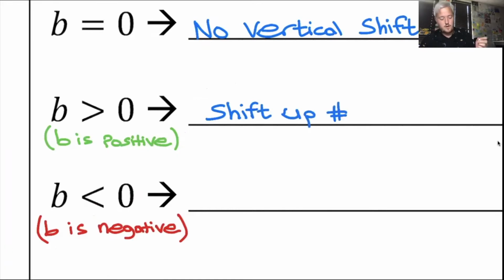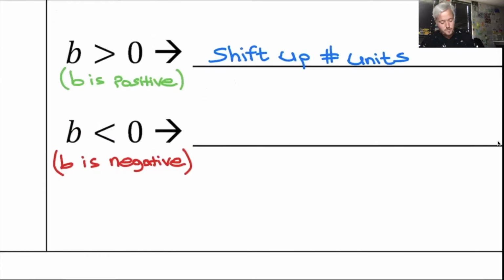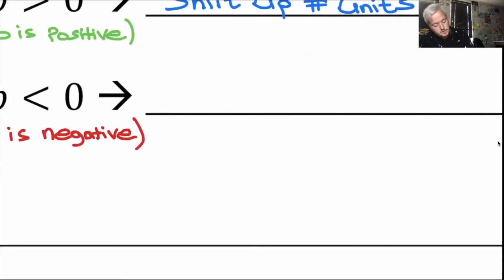So shift up 7 units, 8 units, or whatever. This is the notation you would write when listing out the actual transformations. Now if the b value is negative, like minus 4, minus 3, minus 20, minus 50, whatever it is, instead of a shift up, now it's going to be a shift down, however many units.